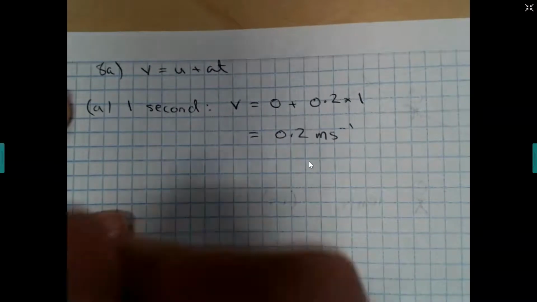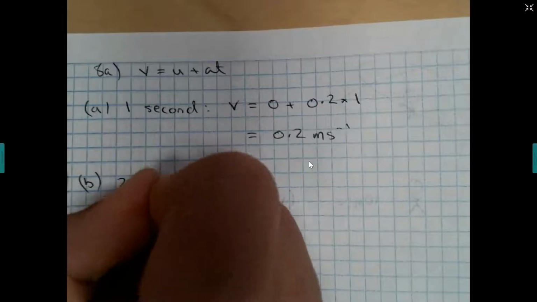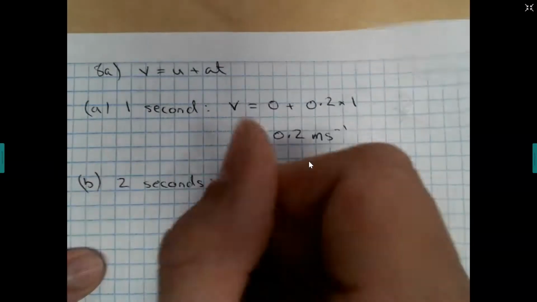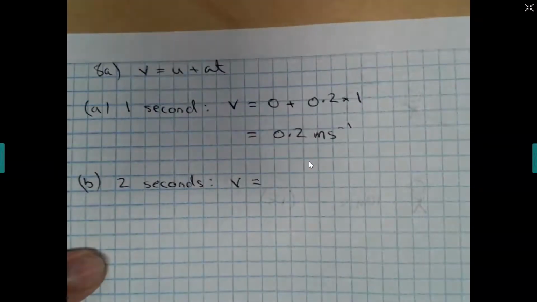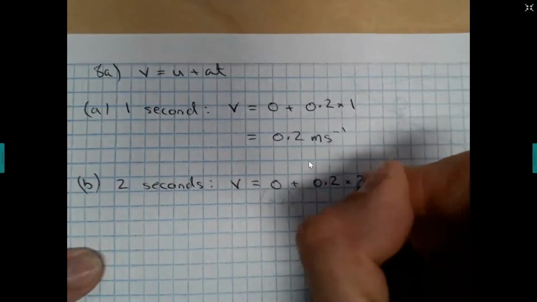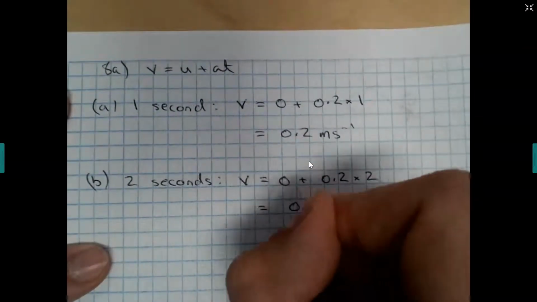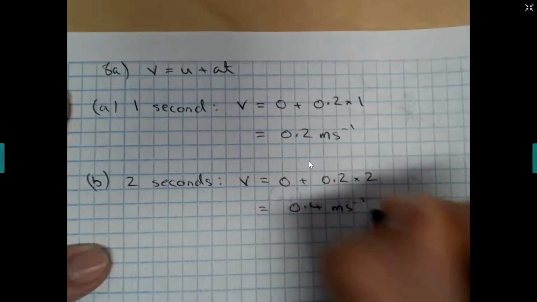Alright, and then part B, after 2 seconds, V will be equal to, our initial velocity was still 0, starts at rest, plus 0.2 times 2, and 0.2 times 2 is equal to 0.4 meters per second.